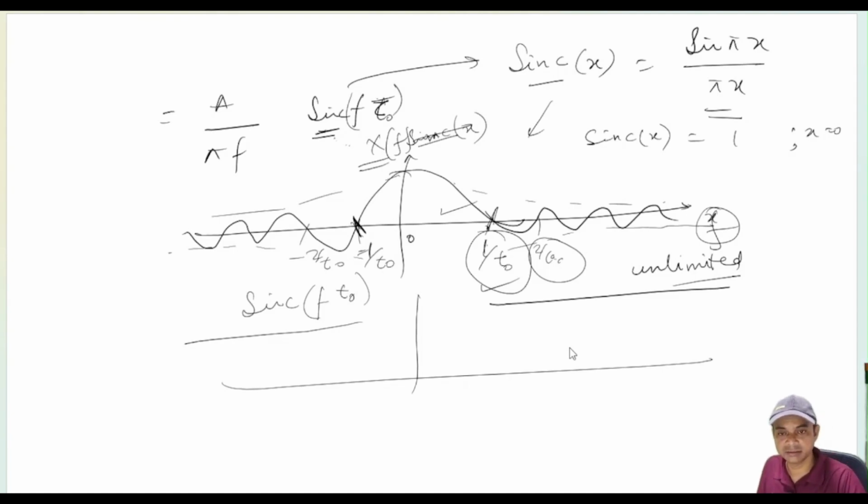And the sinc function, we can see here that the bandwidth for the sinc function goes to infinity. Our channel bandwidth is not infinite, it is limited, so we have one constraint: channel bandwidth must be greater than or equal to signal bandwidth.